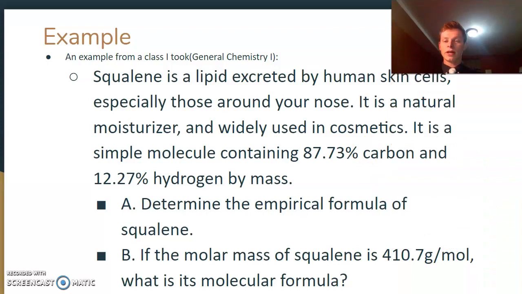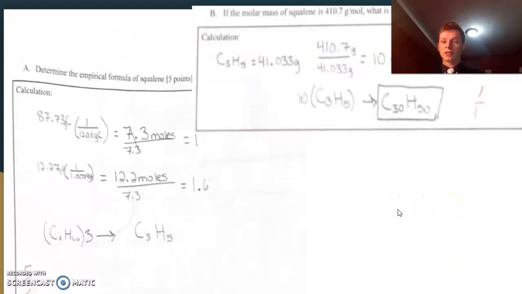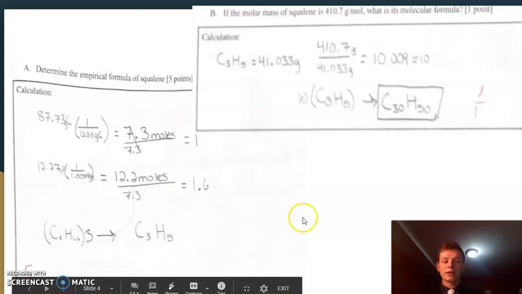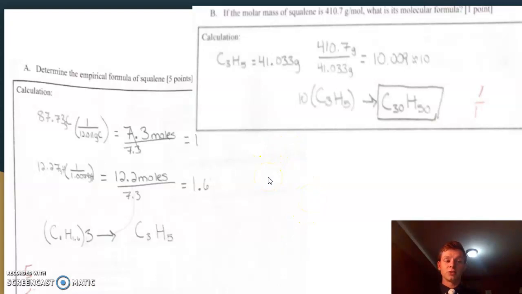Let me get this out of your way. Finding the molar mass of the compound. Finding the empirical formula based off the molar mass. So let me get this out of the way again. This is actually what I did on a test, and I scanned it and then brought it right back into this presentation. So on my test, they asked you to determine the empirical formula of squalene, and it was worth 5 points.